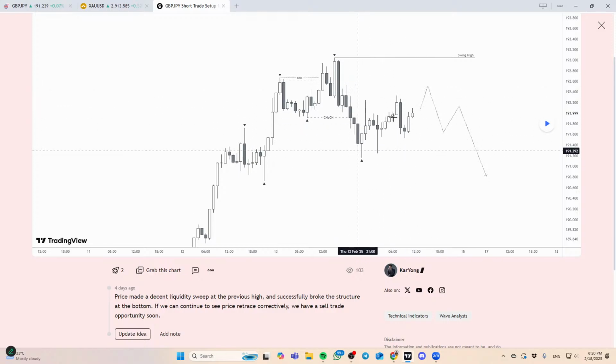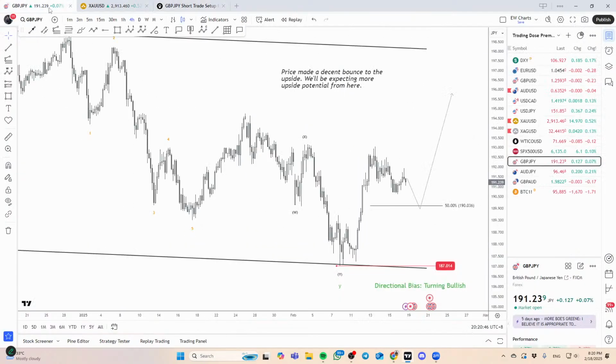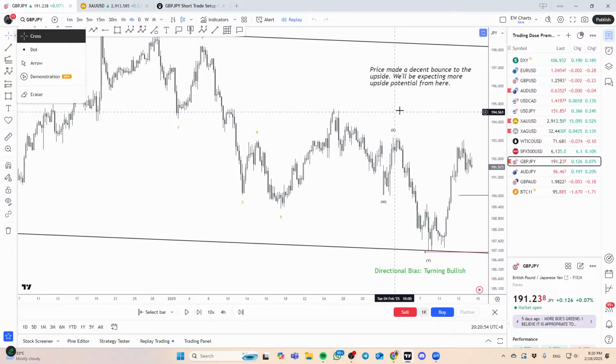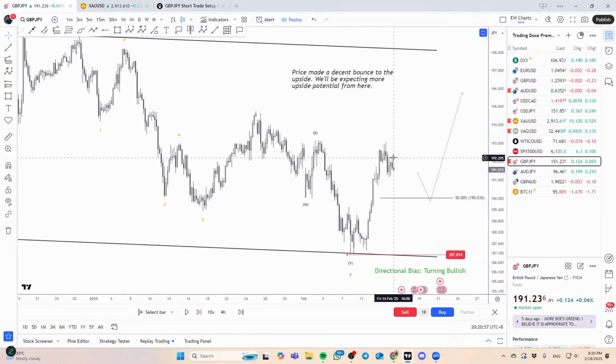This is the part where we have that setup. I'll show you what we were seeing back on Friday, when we were looking to execute that.